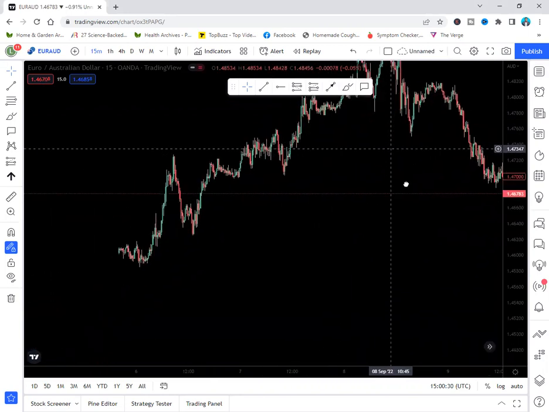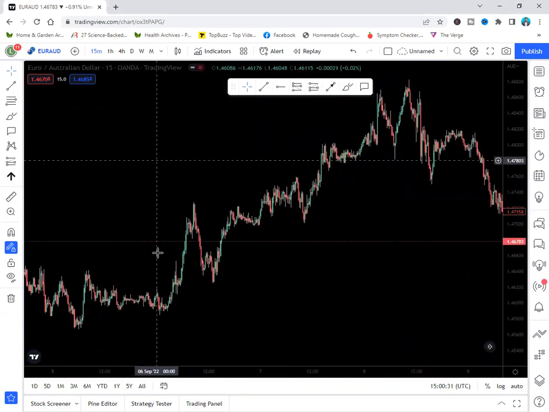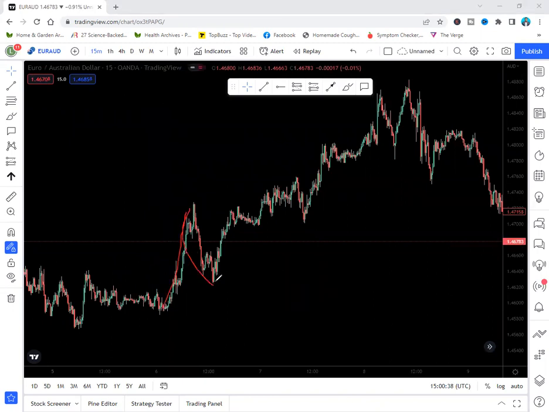So you should be able to do this exercise. Look at the market. Look at the phases. Impulse, a big correction, an impulse. There's a minor correction here, an impulse, correction, an impulse.